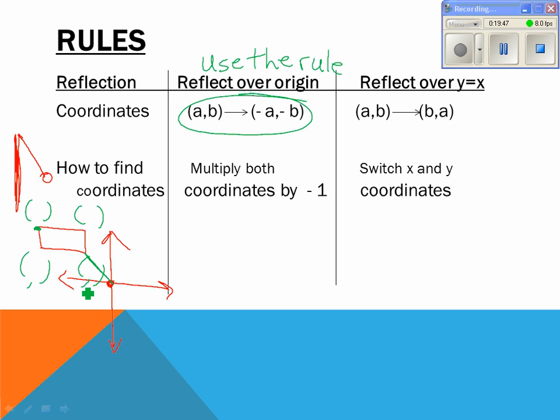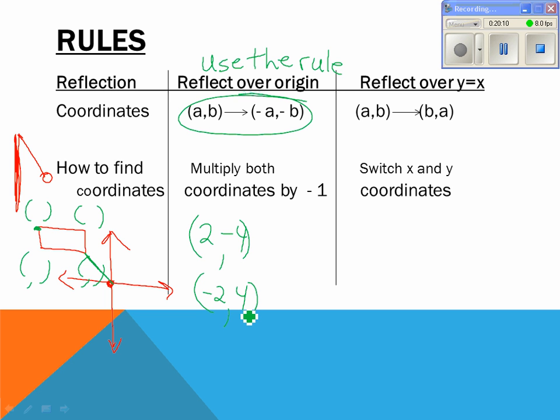Makes them both the opposite, right? Now I don't just say negative, because they could start off being negative and then it's going to end up turning into a positive. So if we wanted to take this point, (2, -4), and we want to reflect it over the origin, (-2, 4). All right?